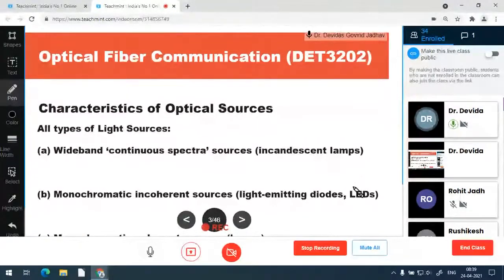Fluorescent tube emits light which is almost white color, and laser and LED emit light with only one color. So this is a big difference because one color means one wavelength, and white color means all the wavelengths.